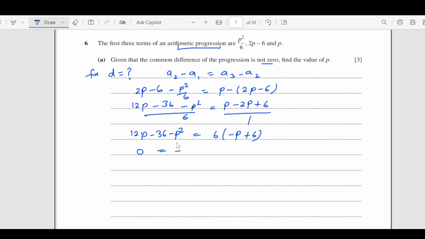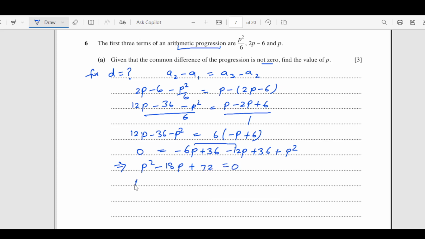Expanding this bracket, I'm shifting all these to the other side: negative 12p plus 36 plus p squared, right? So rearranging everything, p squared minus 12p and 6p, 18p, negative 18p plus 72, 36 plus 36, 72, right?